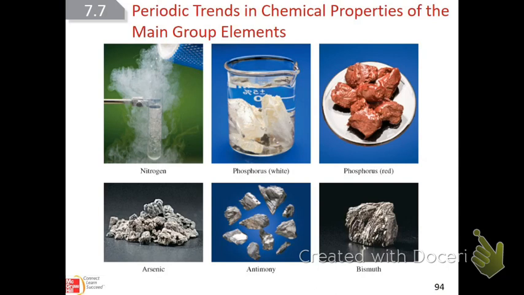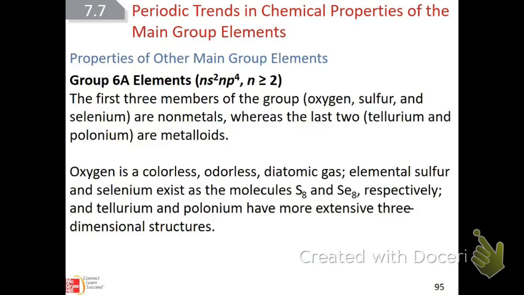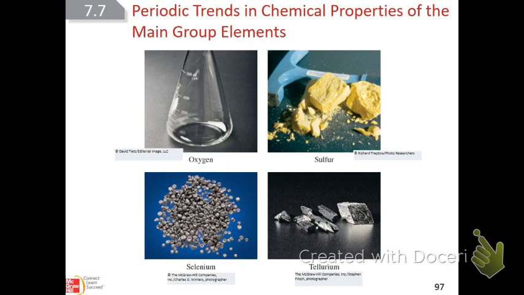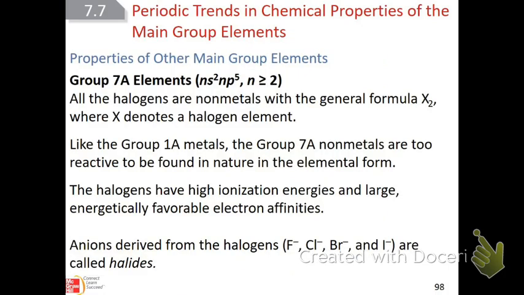And then the next family, you know, so important, are your oxygen family. And look how different oxygen is from the others in its family. Sulfur, selenium, and then you have your halogens, the most active non-metals on the chart, and so important. You need to know those halogens. I hope you remember that their anions are called halides.